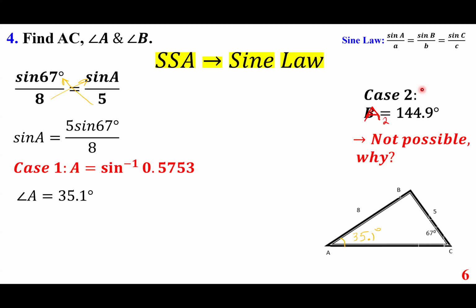So what is the missing B? Add these two, 35.1 and 67, to get 102.1 degrees, and subtract it from 180. We get 77.9, almost 78 degrees. We have all the angles.